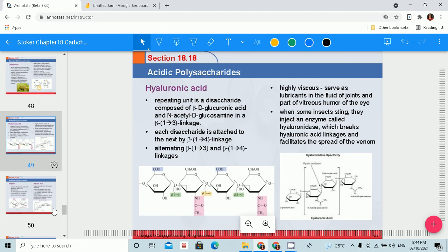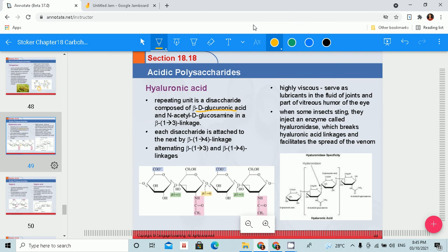Alright, we have our acidic polysaccharide. We have hyaluronic acid. It is a repeating unit of saccharide, composed of beta-D-glucuronic acid. So glucuronic acid, we've tackled that one already.